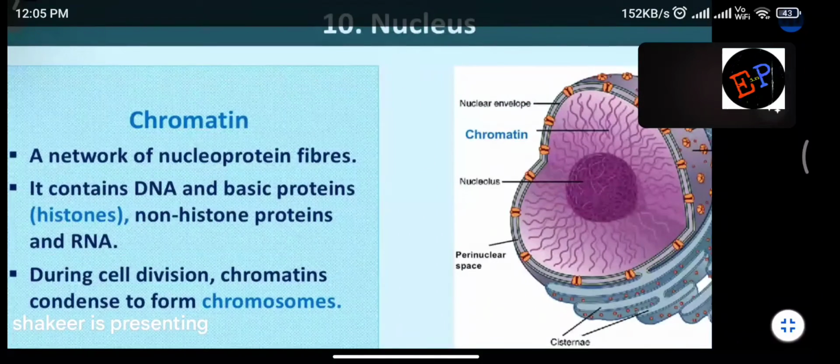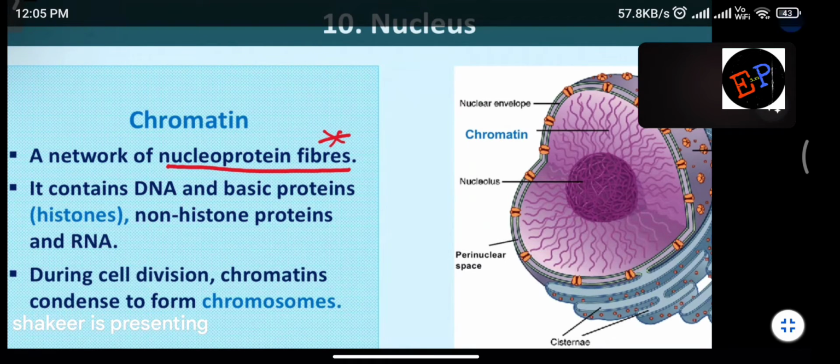Next, chromatin. What is meant by chromatin? The thread-like structures which you see when you dye the cell are called chromatin. These are a network of nucleoprotein fibers. They are also made up of proteins.